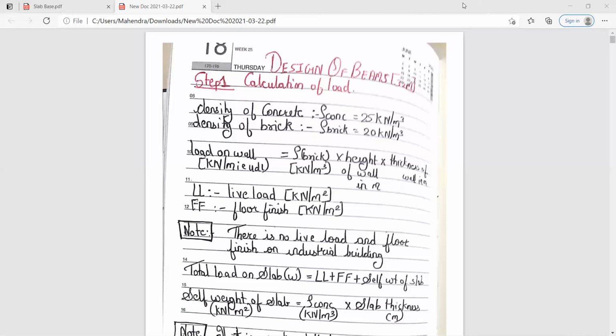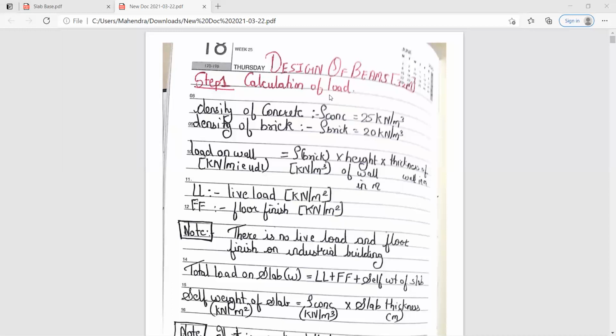Then the height of the wall will be in meter, and the thickness of the wall is again in meter. Live load here you have to consider in kilonewton per meter square, and the floor finish in kilonewton per meter square. So for this particular sum, there will be no live load and the floor finish on the industrial building.